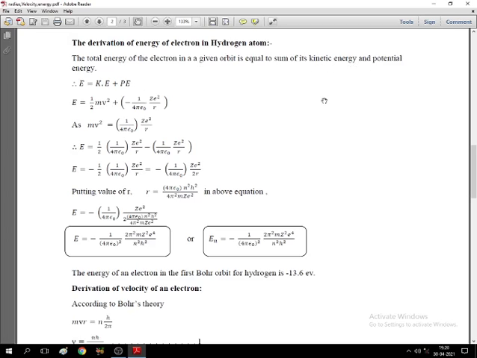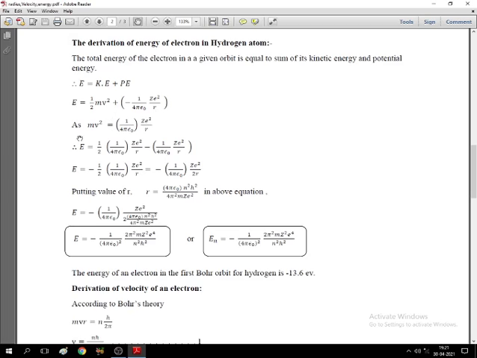Kinetic energy आणि potential energy ची ती बेरीज असते, म्हणून kinetic energy plus potential energy. Now the kinetic energy is given by means of half mv square. कशाने देतात ते half mv square. Now that potential energy is minus 1 upon 4πε0 into Ze square upon r.